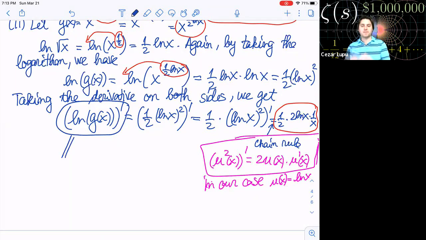Come on, tell me. Ln of x over, be more specific, not quite like that. It's ln of g of x there, it's a function inside. Isn't it the same thing as previously? We had ln of f of x. Now I'm just going to change the function. It's g of x instead of f of x. So it's what?